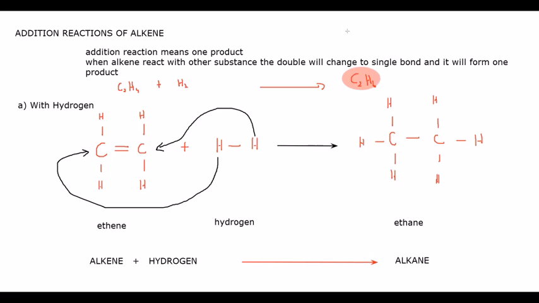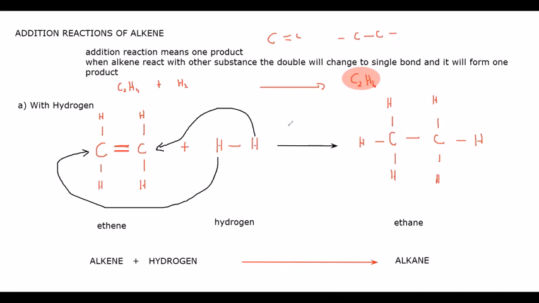Sir, I didn't understand the part where the double bond breaks. For a reaction to occur, there is a carbon-carbon double bond. That's an alkene. But when the double bond changes into a carbon-carbon single bond, the two carbon atoms can form bonds with hydrogen. How does it change?